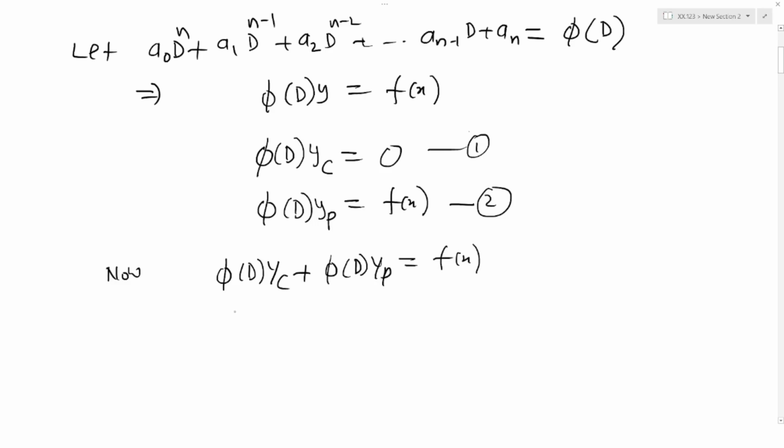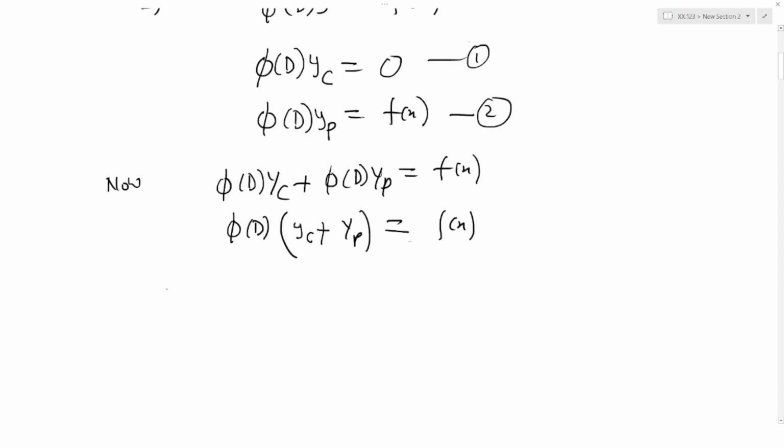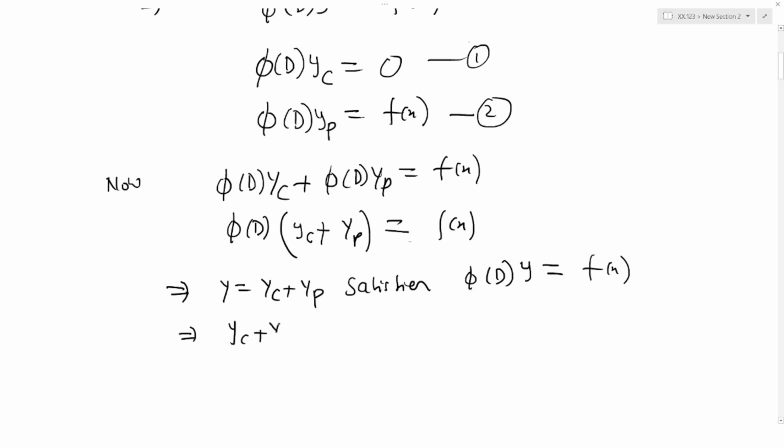Now taking phi of D common, we get phi of D times yc plus yp equals f of x, which implies y equals yc plus yp satisfies phi of D y equals f of x, so yc plus yp is the complete solution.